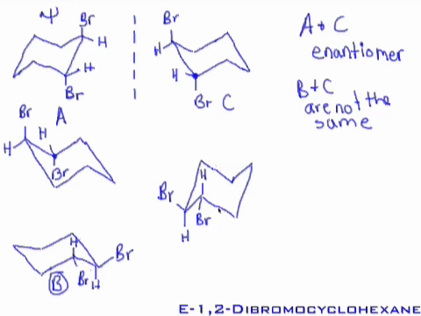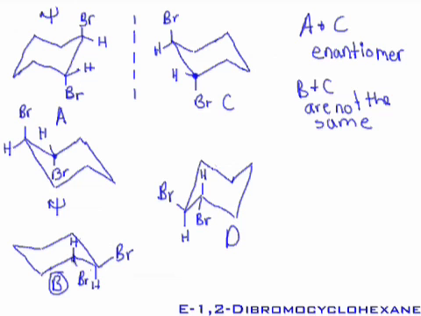Now they're equatorial in D, equatorial, equatorial. Can I rotate this guy? Can I make B match D? Well, if I do that rotation, this bromine will swing to that position, that's correct.